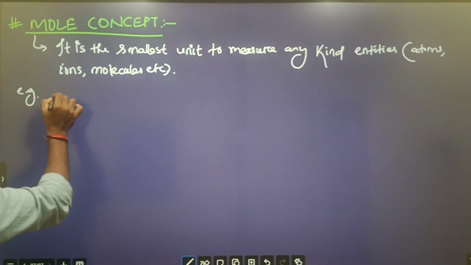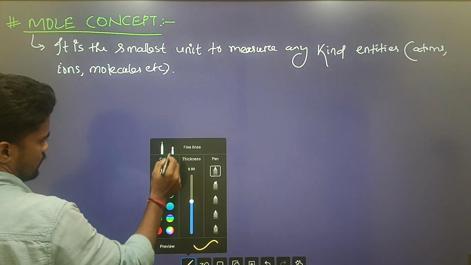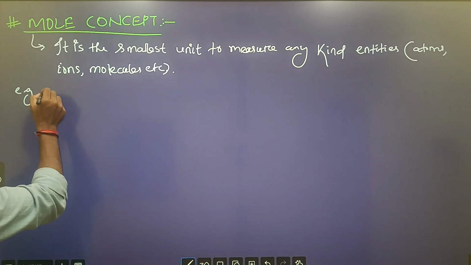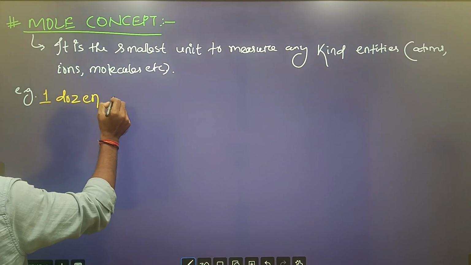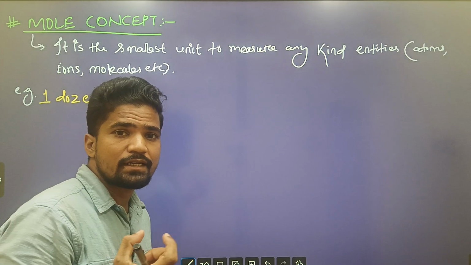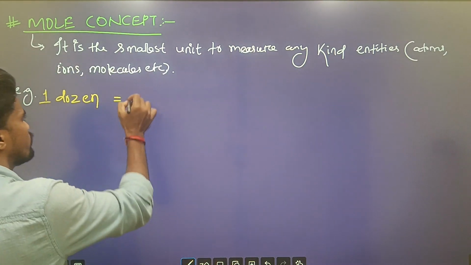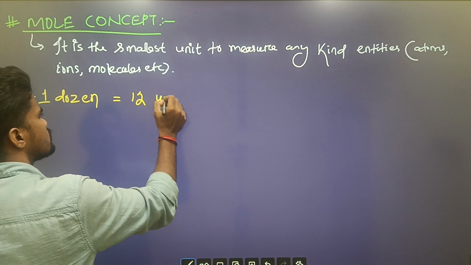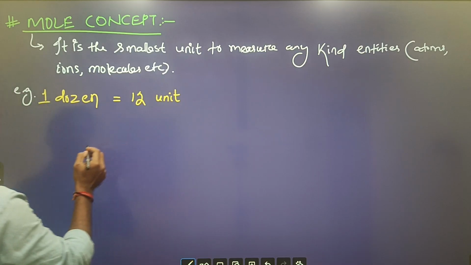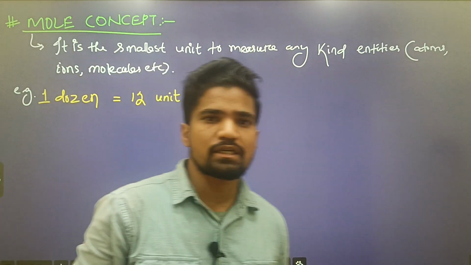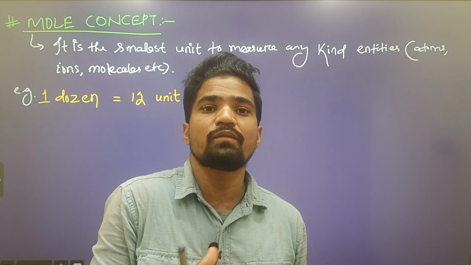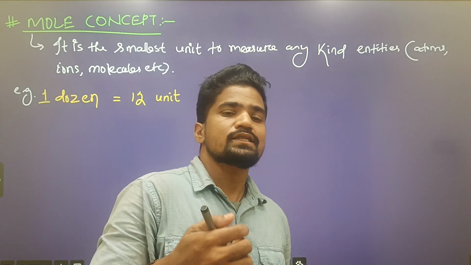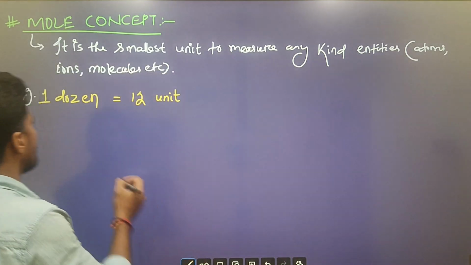For example, if I tell you 1 dozen bananas, 1 dozen means how many entities? 1 dozen means 12 units. Yes or no? We understand that easily, that is 12. 1 dozen bananas means 12 bananas. 1 dozen cycles means 12 cycles.